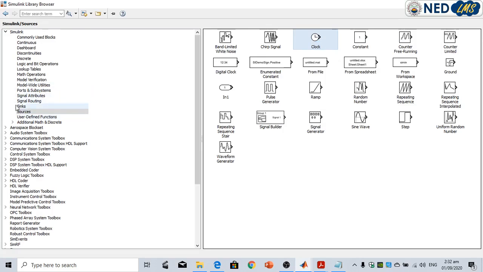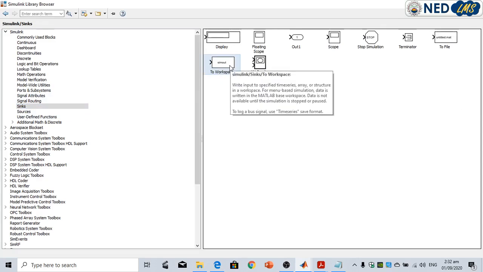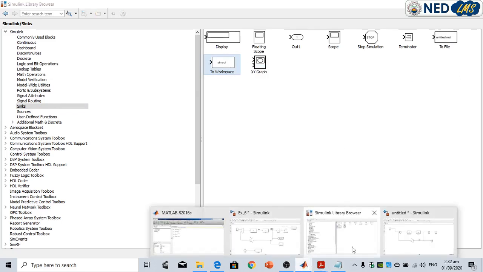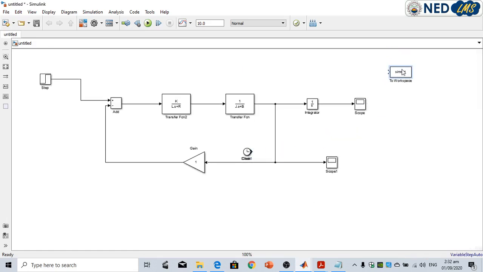Next, from the sinks section, add a block named To Workspace, and also add it to model Untitled. Okay, now go to Untitled.